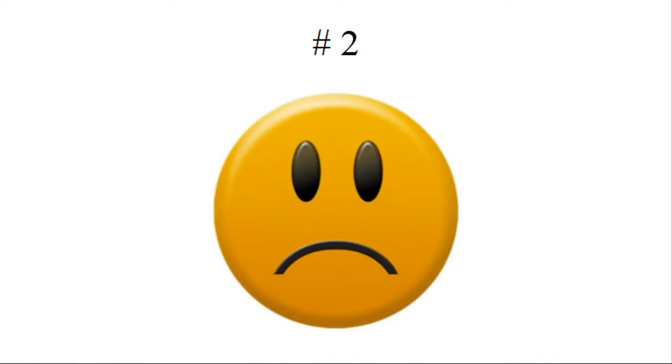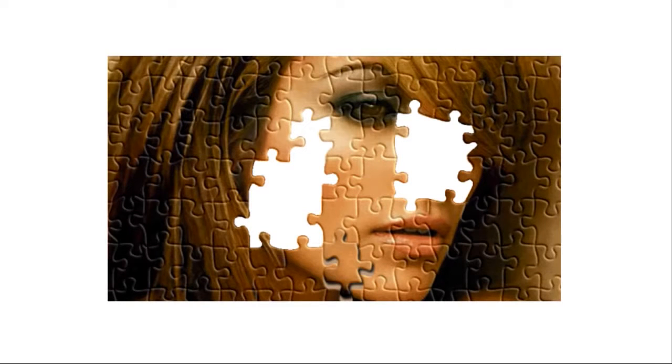The second piece of bad news is that finding a knowledge gap is really quite hard. Finding the gaps in a puzzle is easy. You just look at the puzzle and the gaps jump out at you. But finding the gaps in our knowledge of a topic is hard because you have to do a lot of reading with a critical eye. That's the only way you're going to be able to tell where the authors fell short in some way, not interpreting the evidence correctly or not digging deep enough or whatever the shortcoming is.